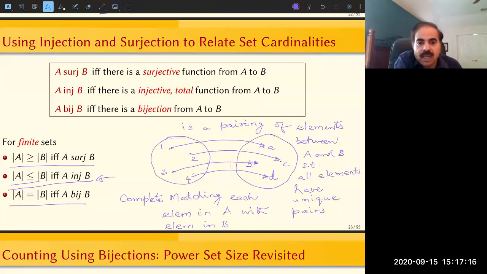While our intuition works quite well when it comes to counting the number of elements in a finite set, when it comes to infinite sets, our intuition fails us. And so we need some mathematical principles on the basis of which we can count the number of elements in infinite sets.